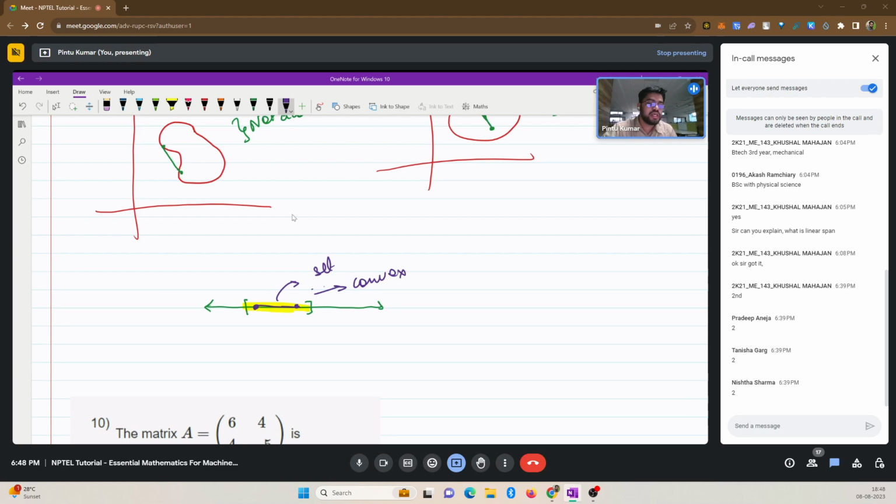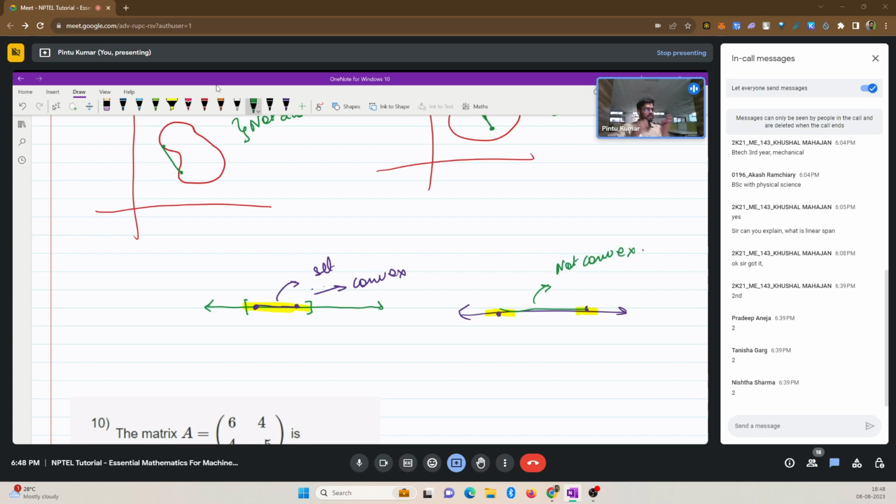Now if your set is a combination of 2 intervals, here and here, and you take a point in each and draw a line joining them, then you are moving out of that set. So in the real line, only intervals are convex sets. This is not a convex set.